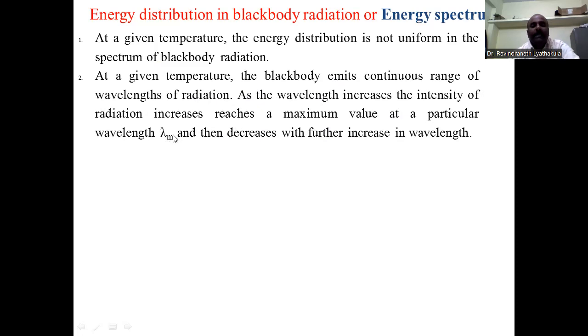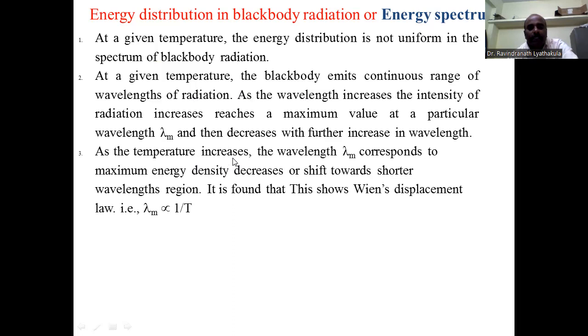That wavelength is called lambda m, and then the intensity decreases with further increase in wavelength. This means that at shorter and longer wavelengths the energy is very small, and in the moderate range of wavelengths we get the maximum value of energy.